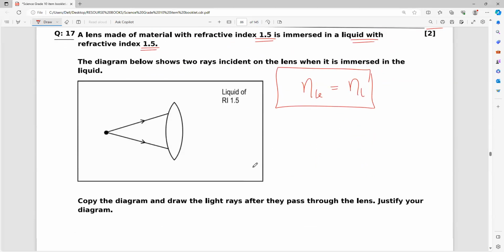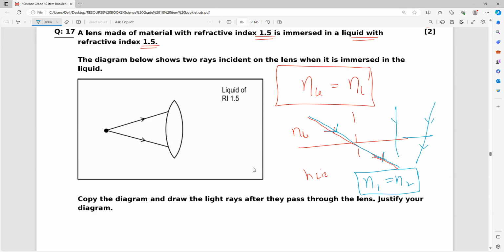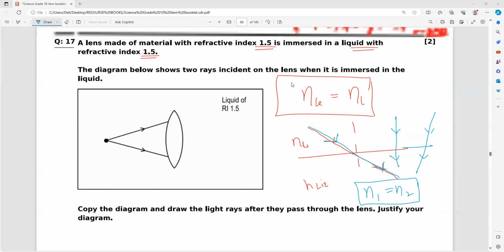If the refractive index is the same, whatever way I insert the light, it will go in a what line? Straight line. However you insert, it will go in a straight line. Very good question. Yesterday only she asked. I am explaining now.